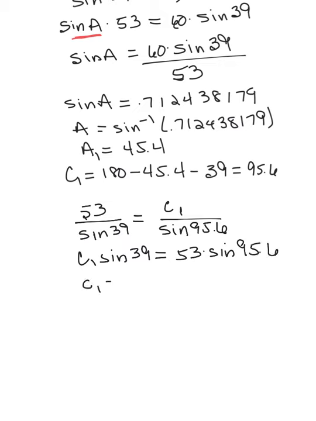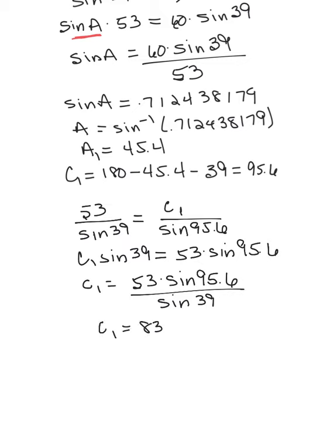Divide. We get C1 equals 53 times the sine of 95.6 divided by the sine of 39. So side C1 is 83.8. Now we know all the parts of our first possible triangle.